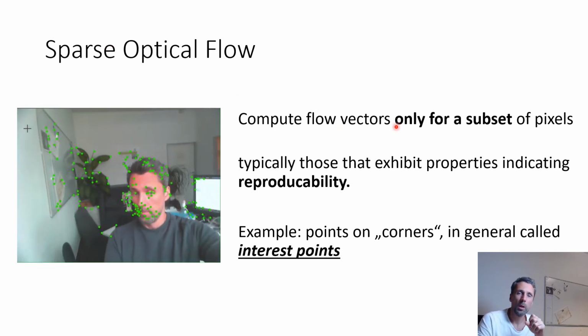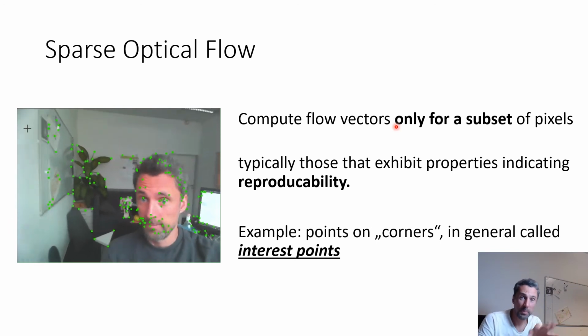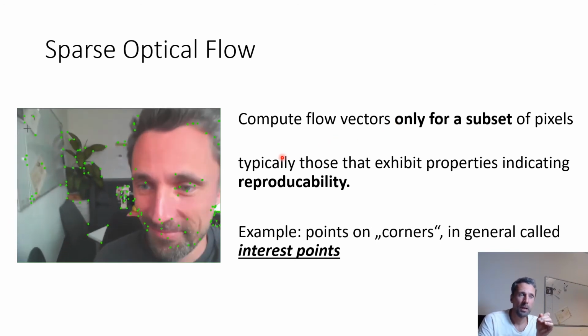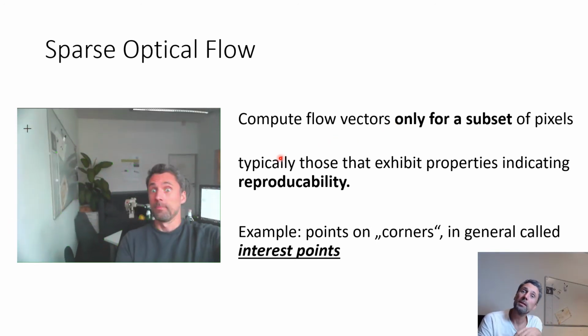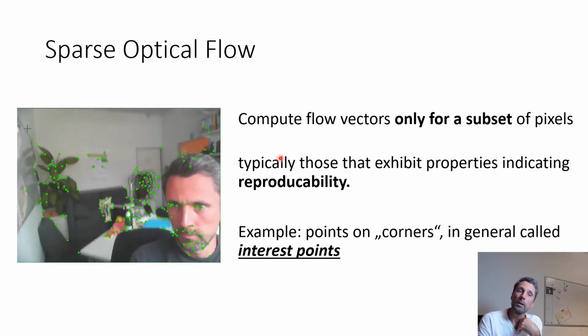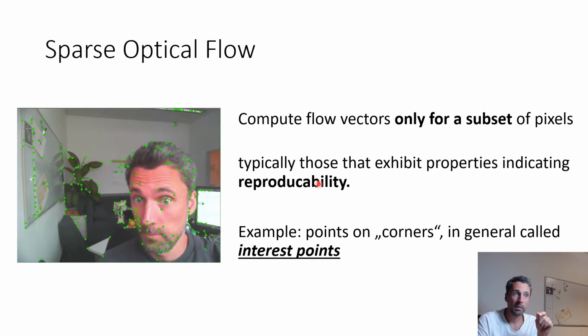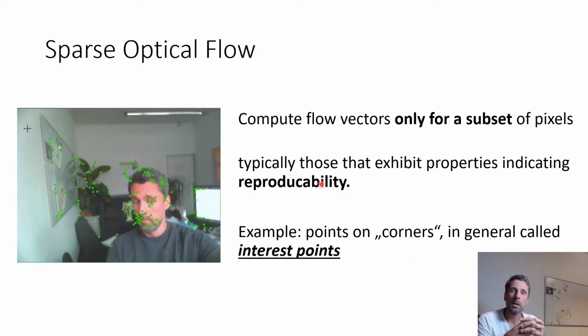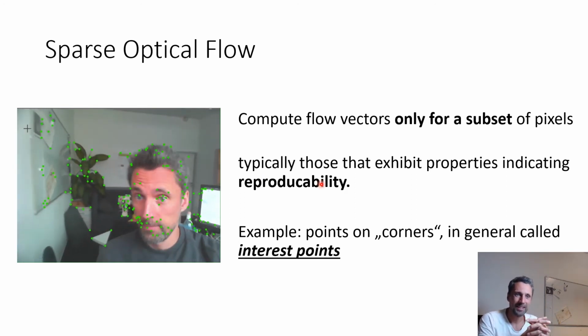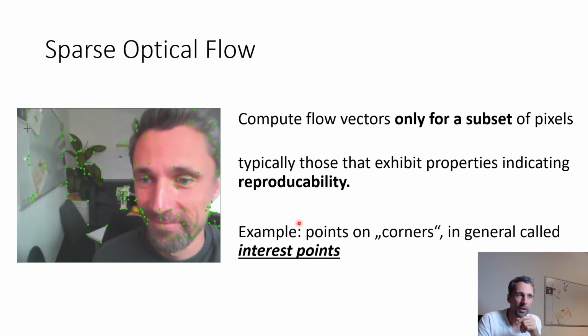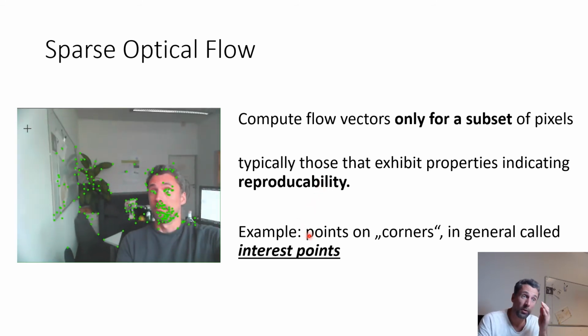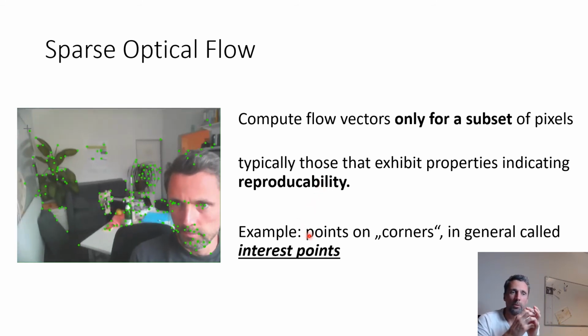We identify only a subset of all the different pixels that exhibit certain properties that predict good reproducibility. What does that mean? It means we can find those things again in new frames. These could be, for example, corner points or other image structures.